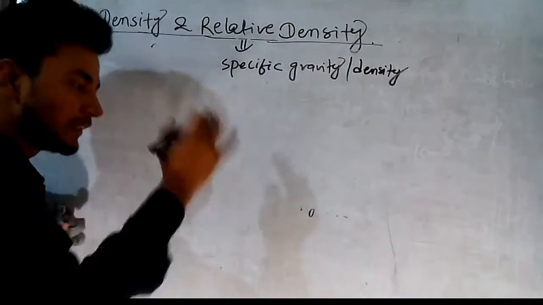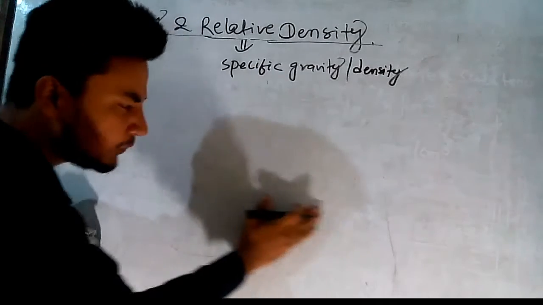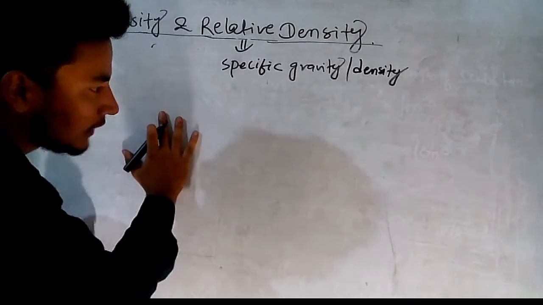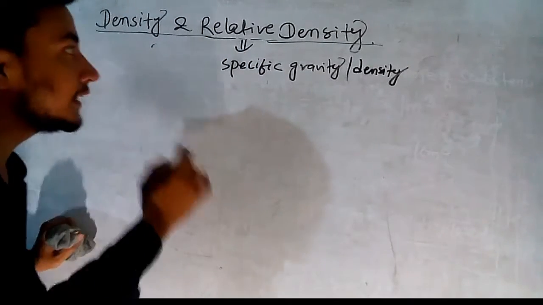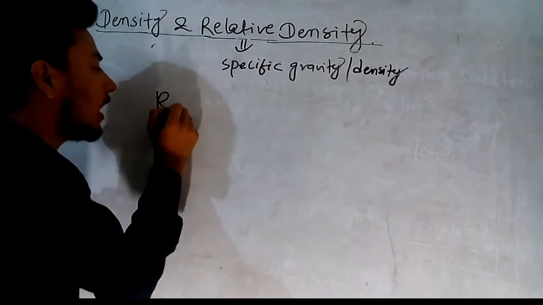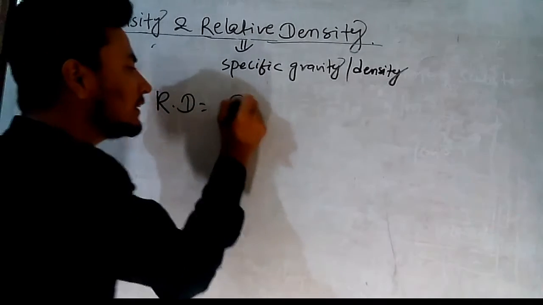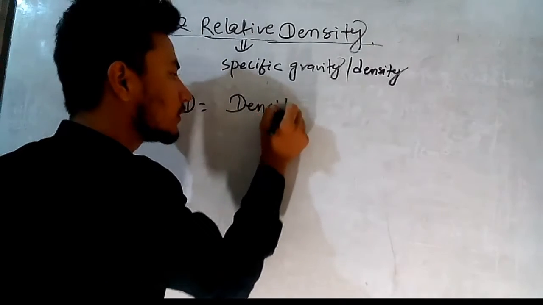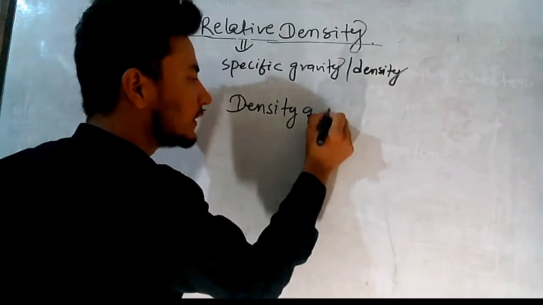So before starting the definition, let's first see the formula of relative density. Relative density RD equals the density of the substance divided by the density of water.